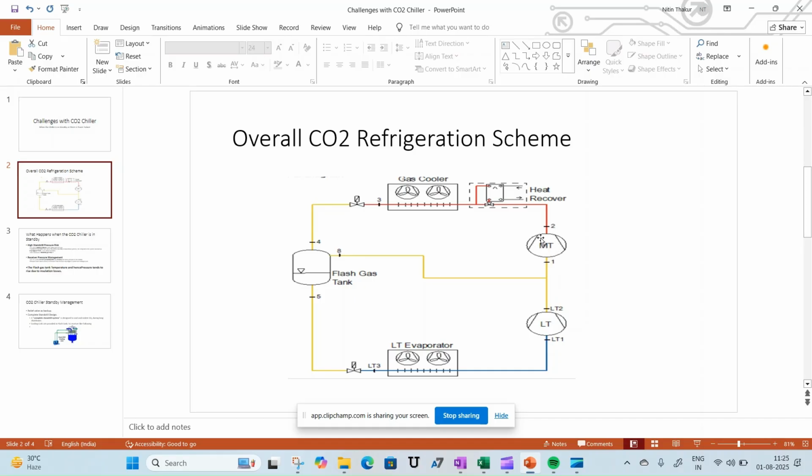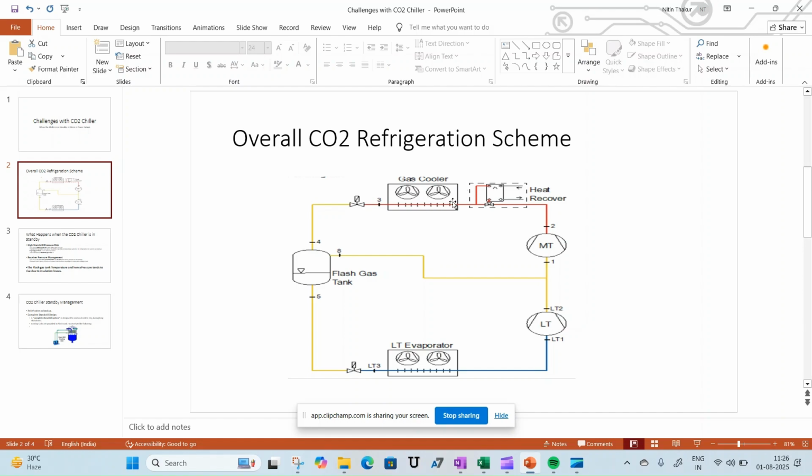This is where the pressure goes up. It goes into that transcritical state. I'm not going to touch on that, but I'll just say that the temperature goes up and the pressure goes up and it goes into the gas cooler, which is different than the condenser, which we would typically have over here.